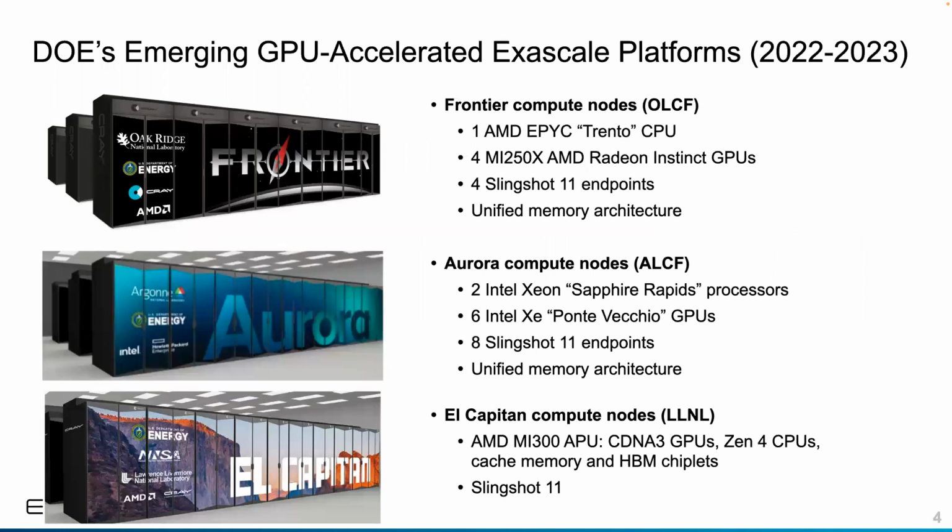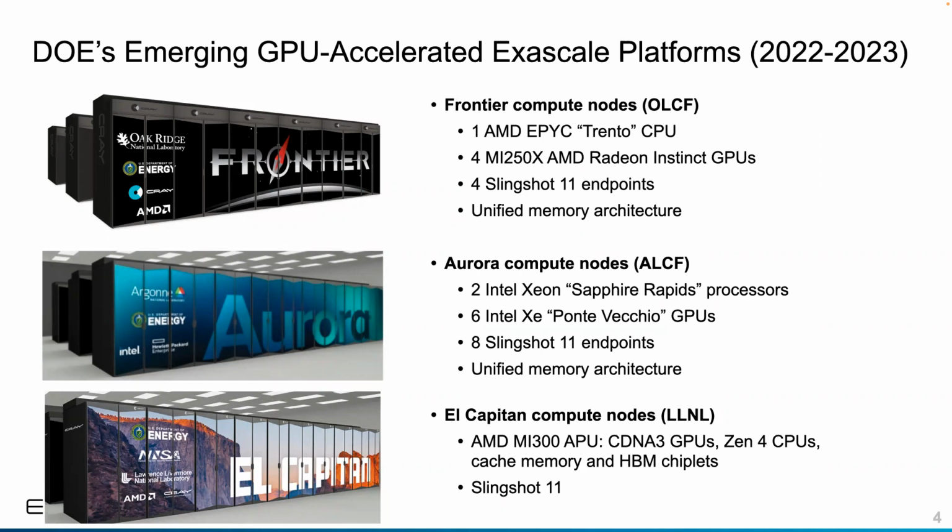For those of you who may not be familiar with the Exascale project, in case there are any attendees from the outside, the goal here is to build performance tools for the DOE's emerging GPU-accelerated exascale platforms. At present, there's the Frontier system at Oak Ridge National Labs, which has AMD GPUs. There's the forthcoming Aurora system at Argonne National Lab, based on Intel processors and Intel's Ponte Vecchio GPUs.